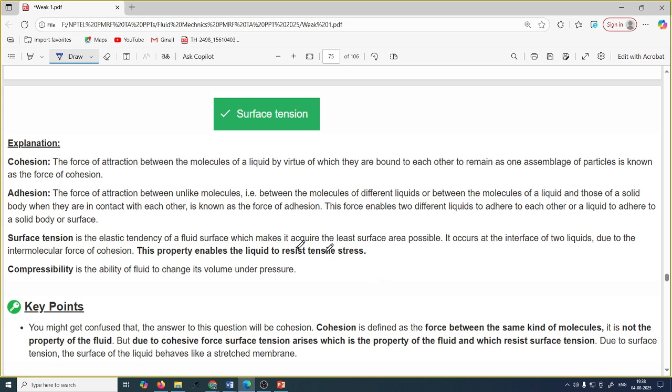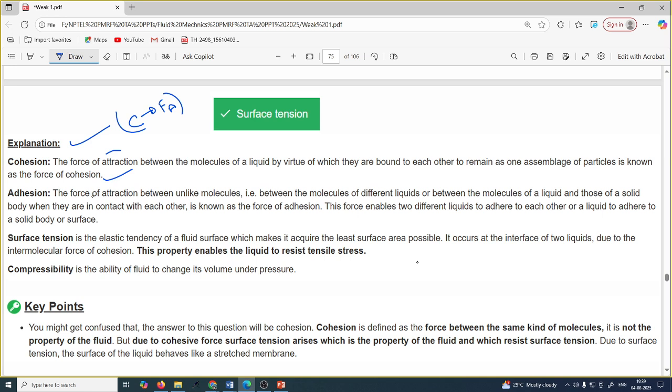Let us read the definition, hopefully you will get it. So what is cohesion? The force of attraction between molecules of the liquid by virtue of which they are bound to each other to remain in one assembled mass is known as the force of cohesion. Remember please.